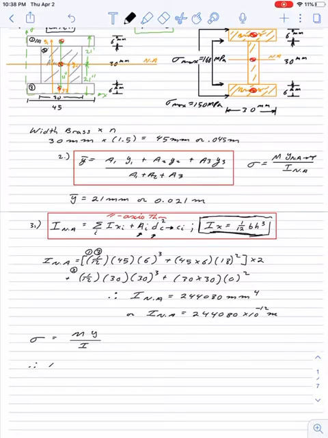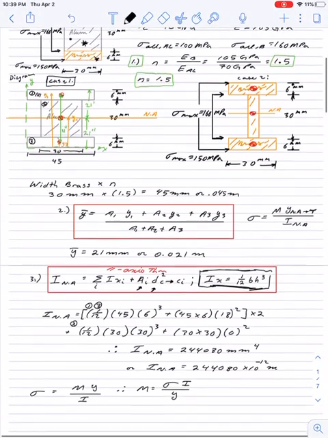So therefore, the moment would be equal to stress times moment of inertia divided by the distance from the neutral axis to any point on the member that we desire. But we have to go from the neutral axis.